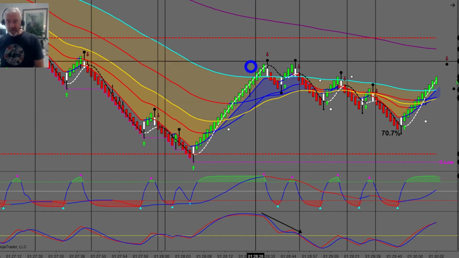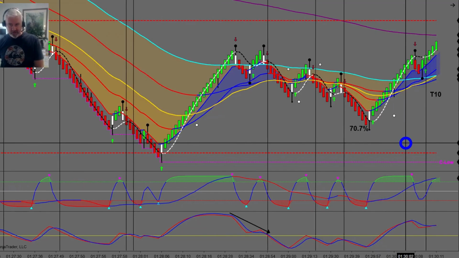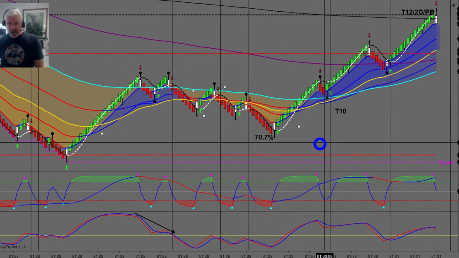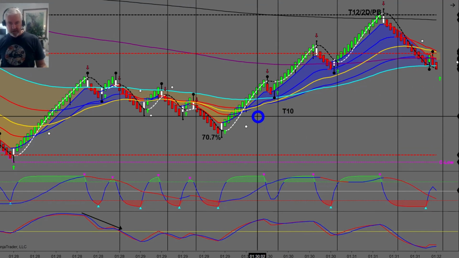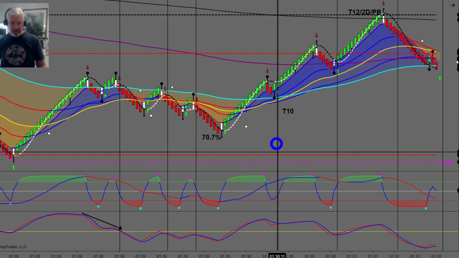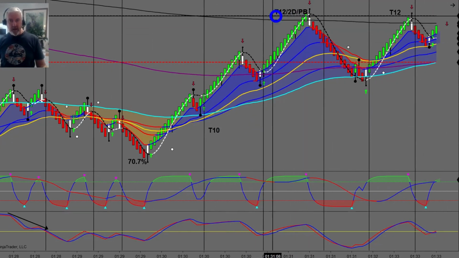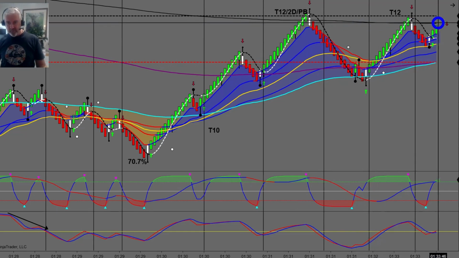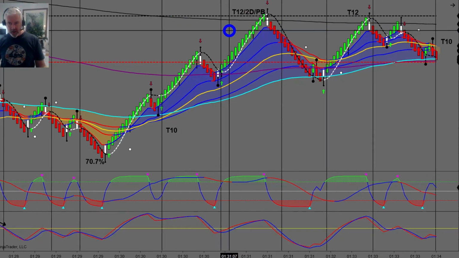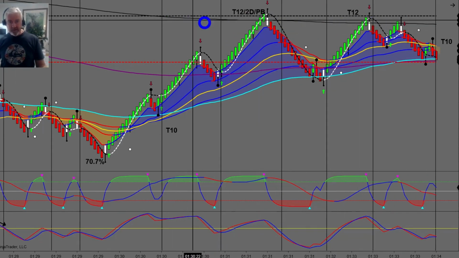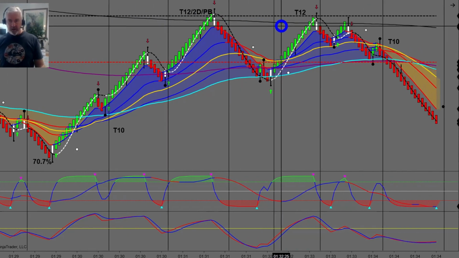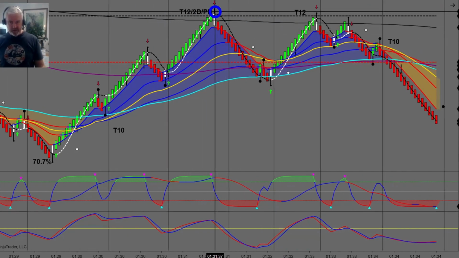Here, that's an exact 70.7% reversal. But up here, look at these here. These are, and for members watching this, just your T10, your classic follow the cloud. Here we've got, see that black line here? That is from a higher time frame, and see how I'm bouncing off both a pivot.